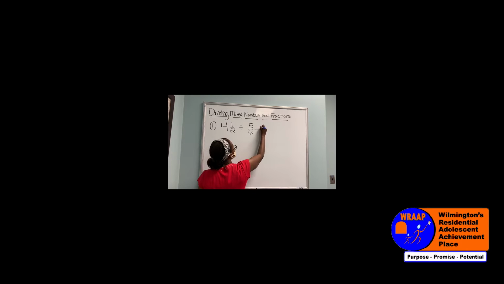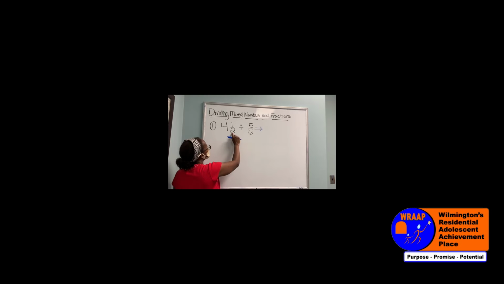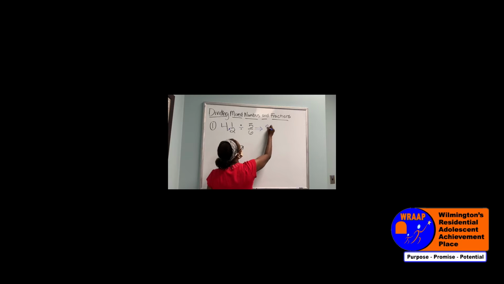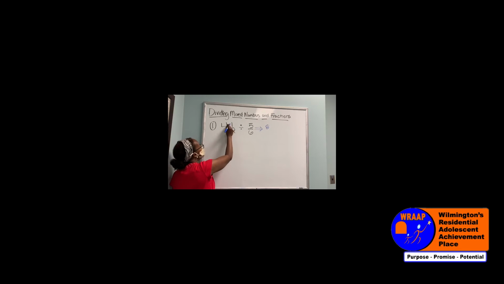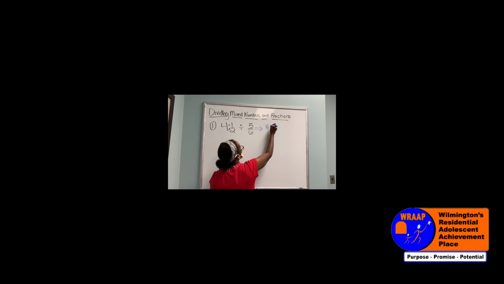And how you make a mixed number into an improper fraction is by taking the denominator, which is 2, and multiplying it by the whole number, which is 4. So 2 times 4 is going to be 8. And then you add the numerator to that number. So it'll be plus 1. And you keep the denominator the same.